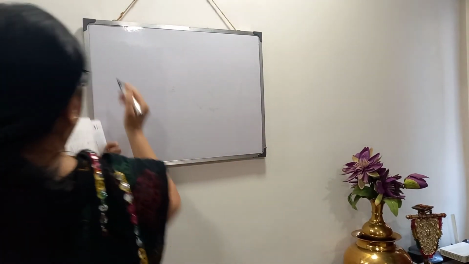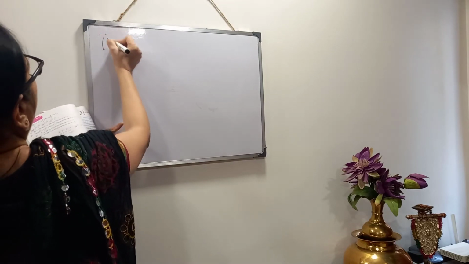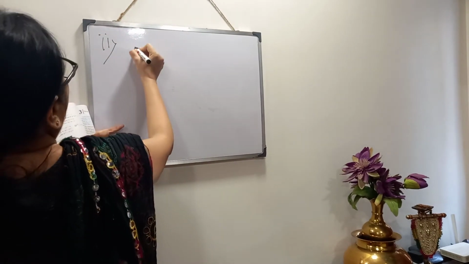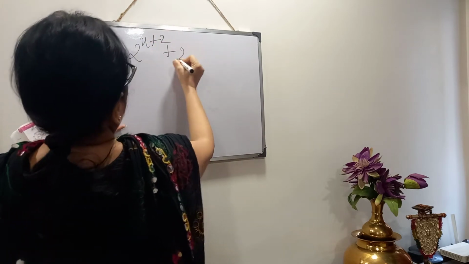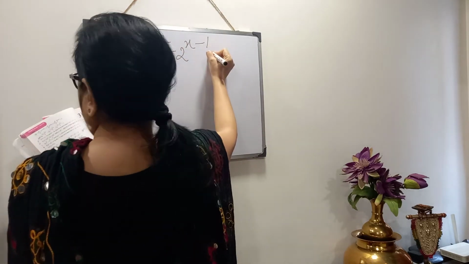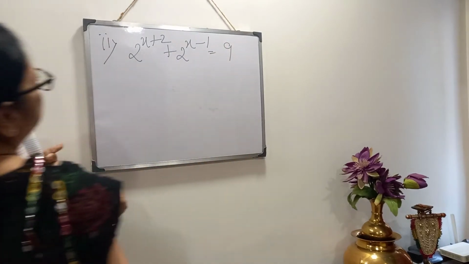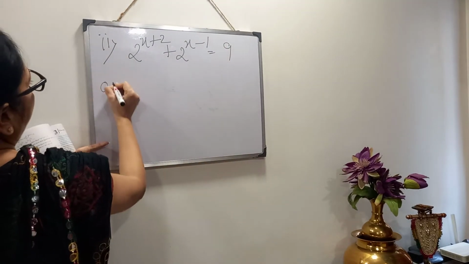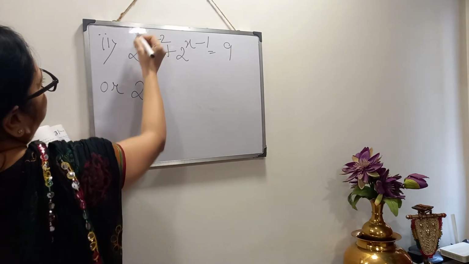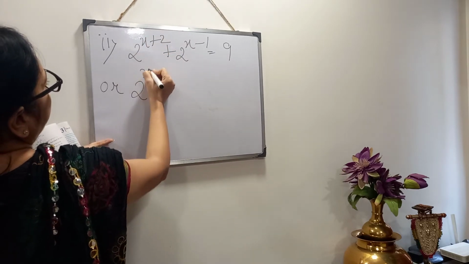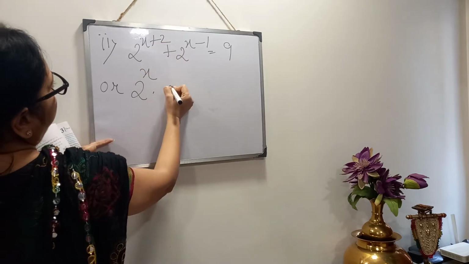Sum number 2: 2 to the power x plus 2 plus 2 to the power x minus 1 equals 9. Now see here what I will do. You know in case of multiplication powers are added. So in place of this I can write it in this form.